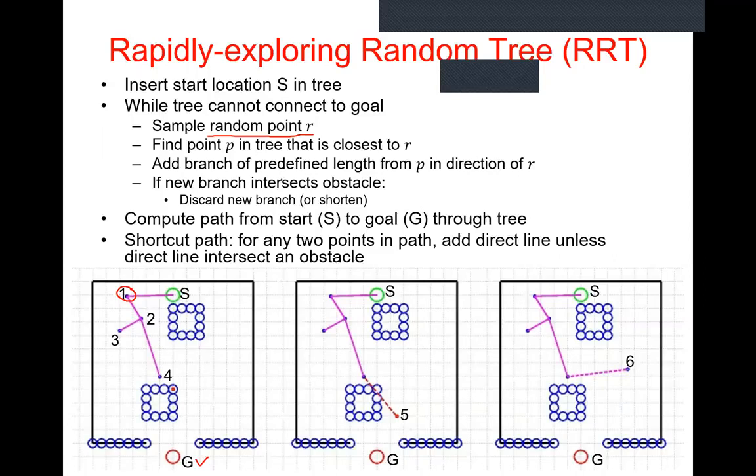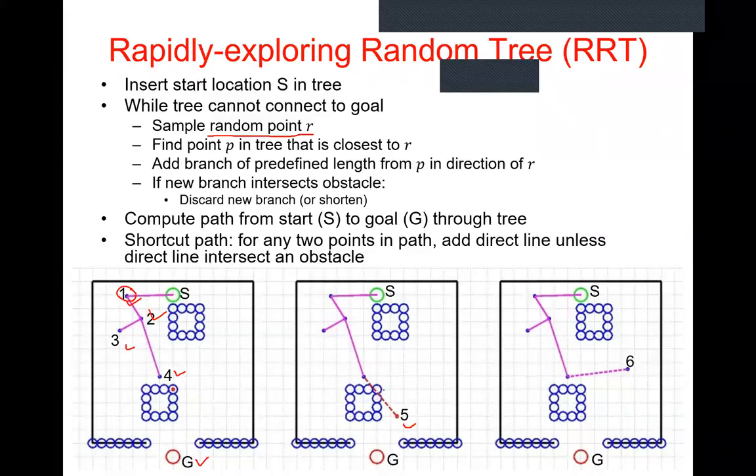Then you add a branch of predefined length from P in the direction of R. So from here to here, you add a branch. If a new branch intersects the obstacle, you discard the new branch or shorten it. So in this case, you're expanding the tree 1, 2, 3, 4, and then the other point 5 is intersecting the obstacle.